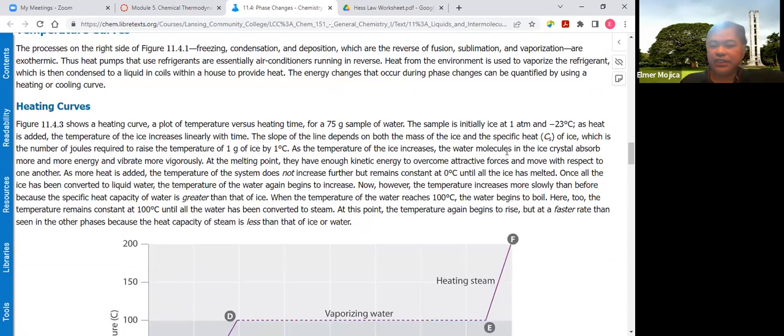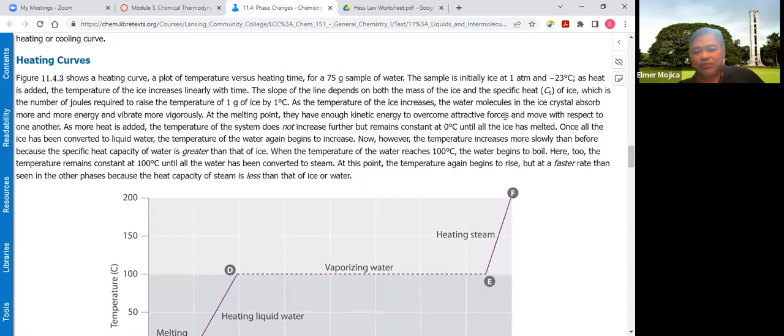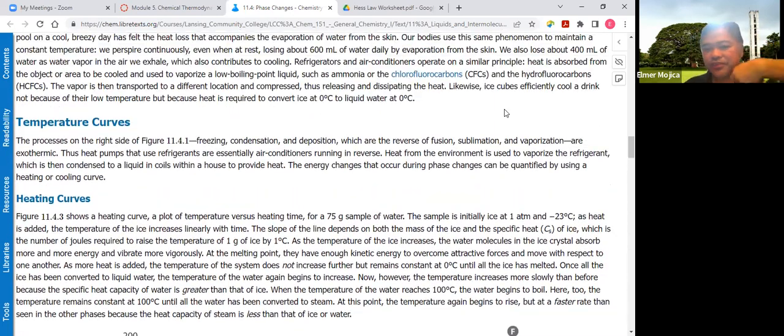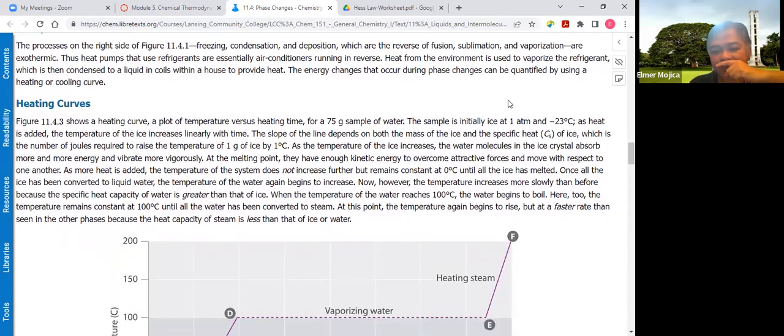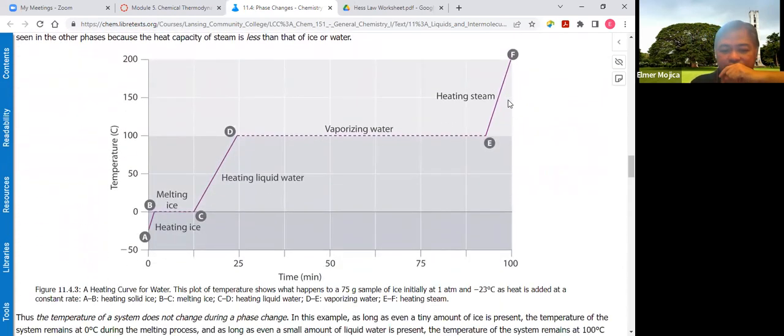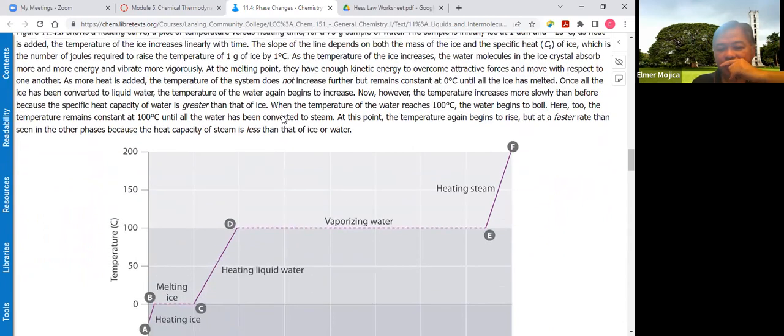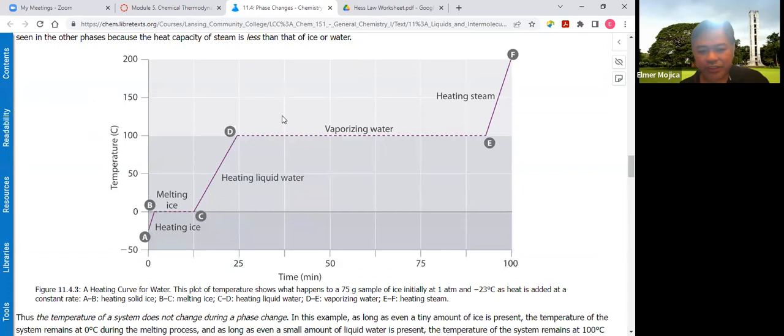Now, the heating curve and the cooling curve, this is what we call the temperature curve. In the temperature curve, you're adding heat or energy, or you're removing heat or energy. If you're adding heat with time, you have what we call the heating curve.